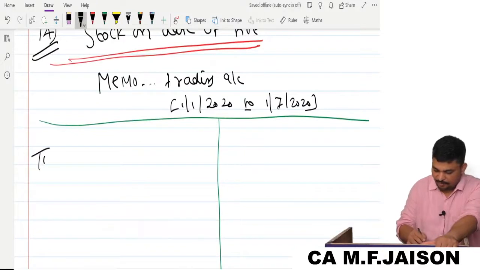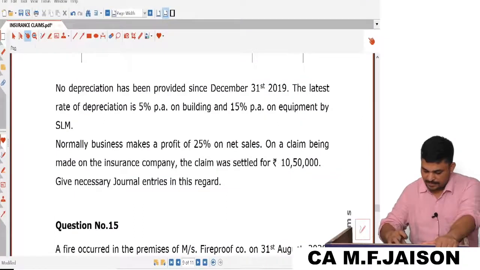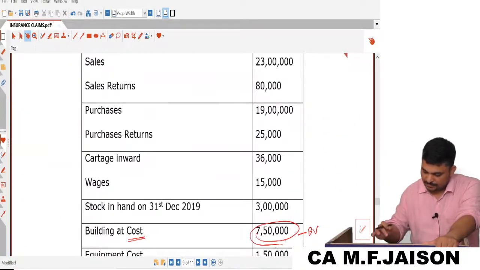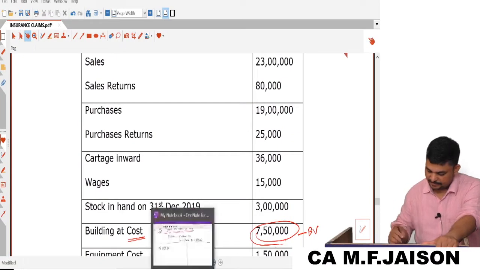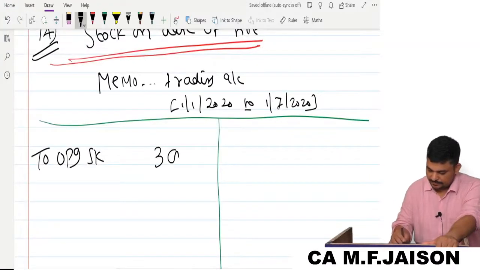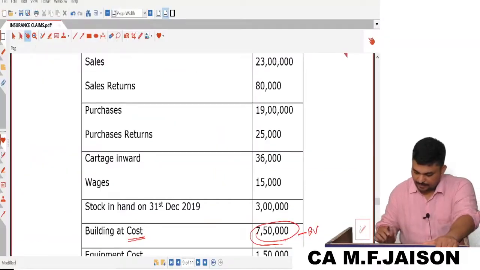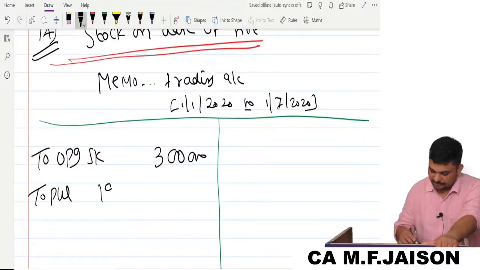We have opening stock. How much is the opening stock? 3 lakhs. Purchases 19 lakhs, in the inner column.